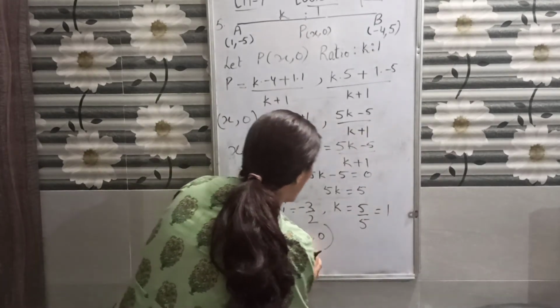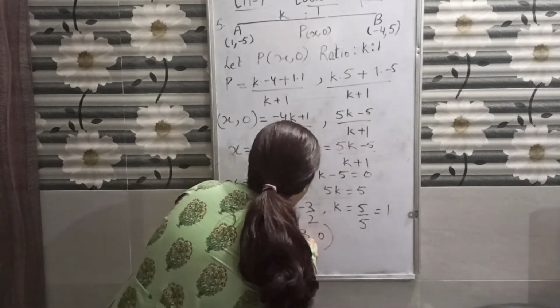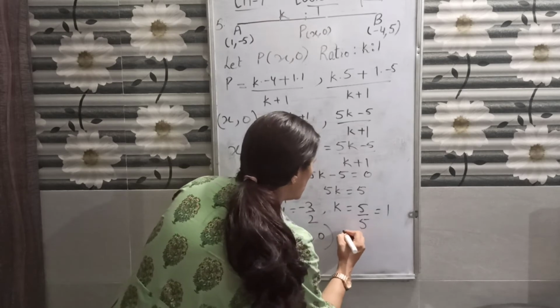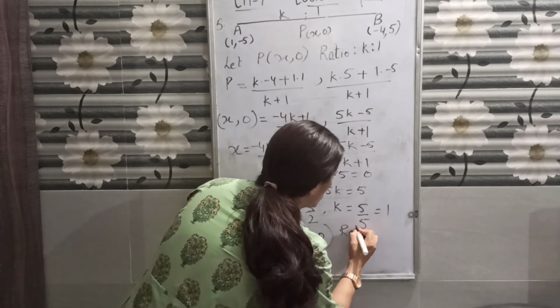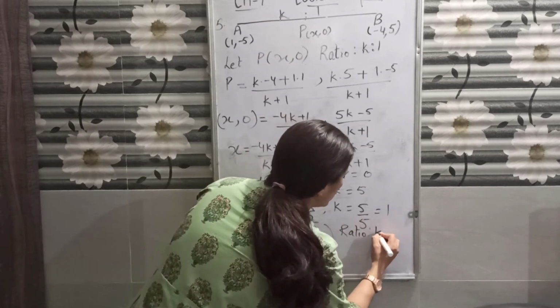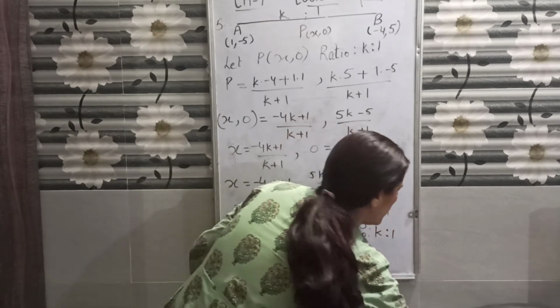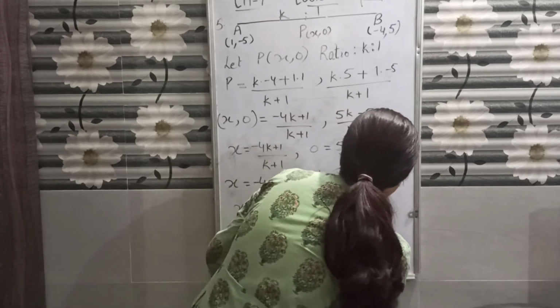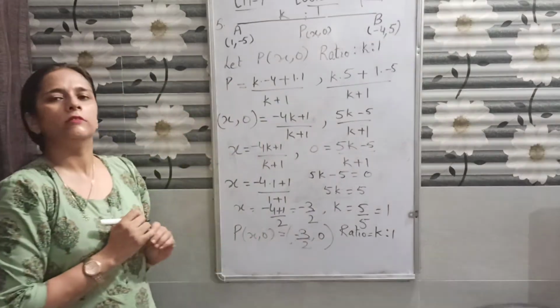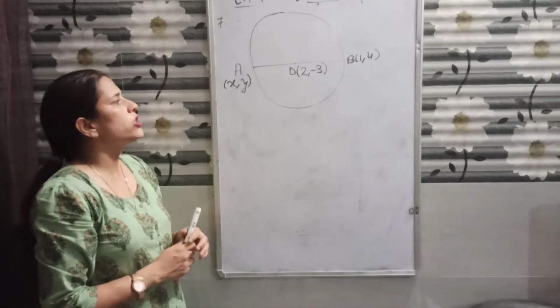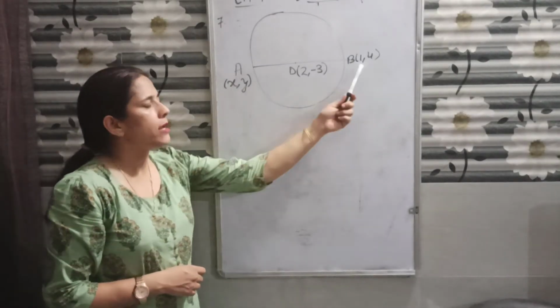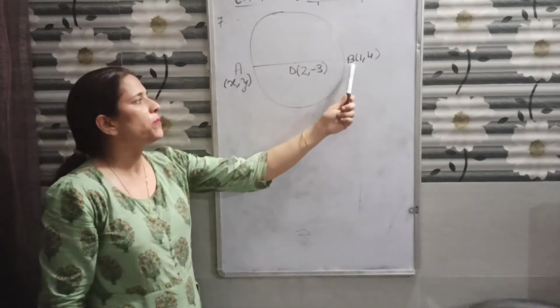So your ratio is k ratio 1, so your ratio is 1 ratio 1 only. This is your answer.